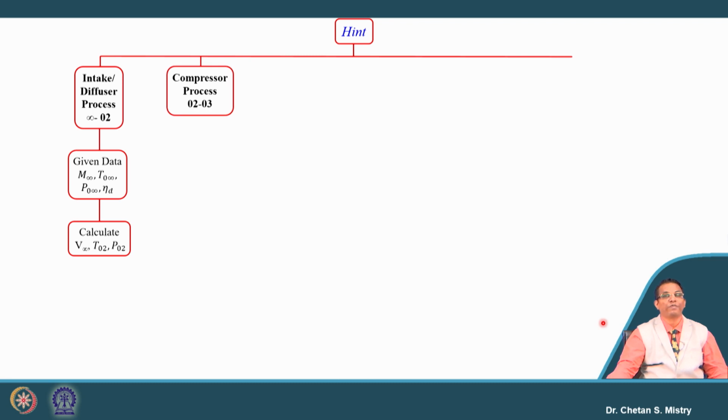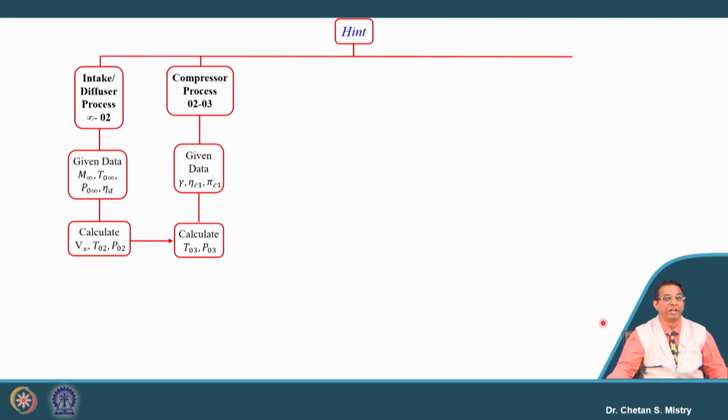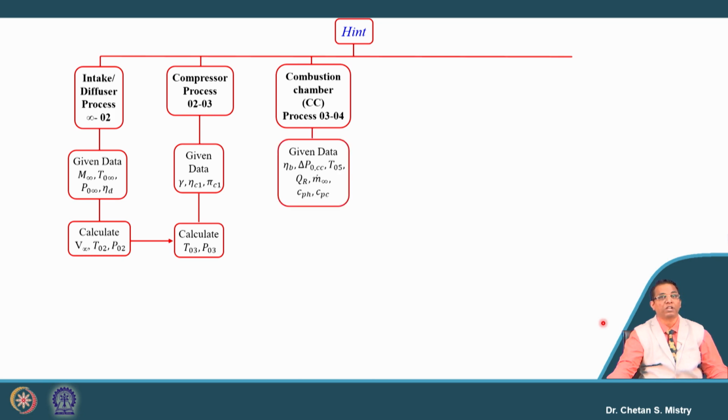The next component is the compressor, for which the compressor efficiency and pressure ratio are known, so we can calculate the exit pressure and exit temperature. The next component is the combustion chamber, for which the burner efficiency, total pressure loss, turbine entry temperature and calorific value of the fuel are given. Based on that we can calculate the exit pressure and fuel air ratio for the combustion chamber.